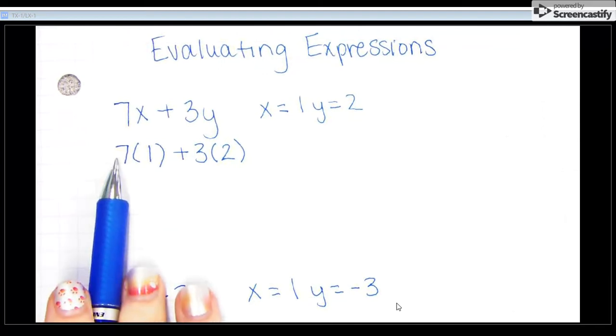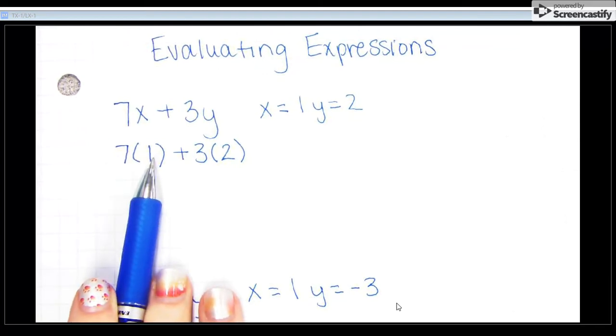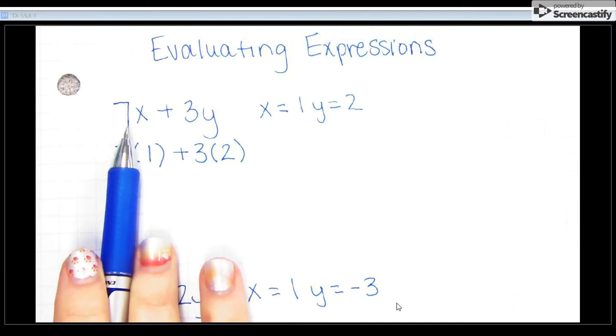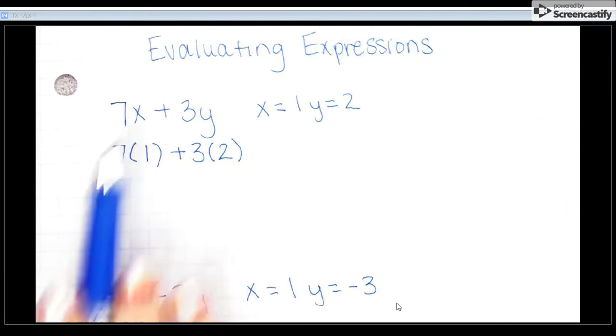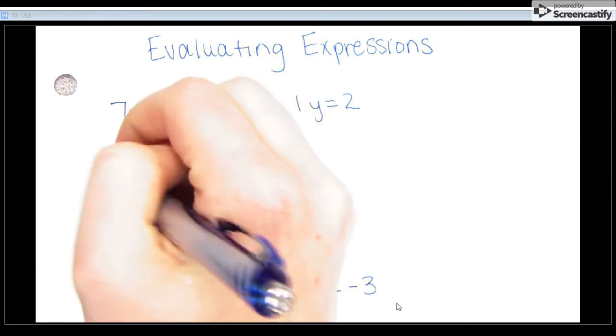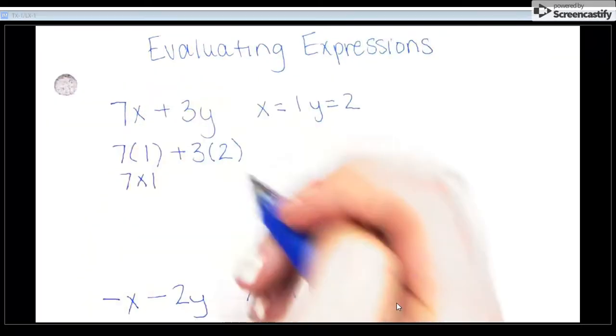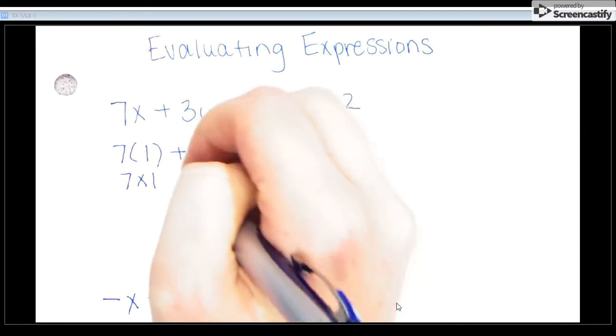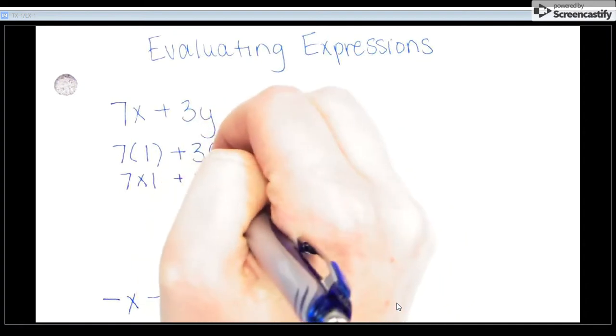When I have a number next to another number in parentheses, or a number next to a letter, that automatically means multiplication. So I am going to do 7 times 1, and over here, 3 times 2.